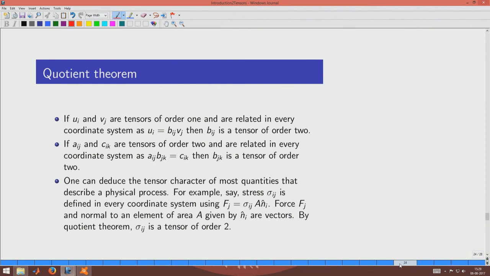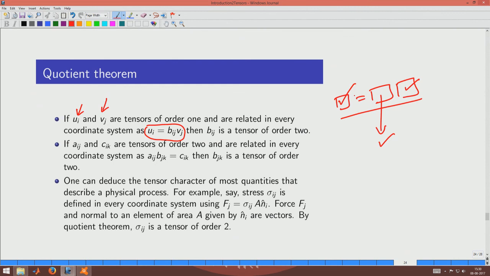What it says is as follows: if you knew that in every coordinate system u_i and v_j, which are two vectors, are always related in this form, u_i equals b_ij v_j, then b_ij must be a tensor of order 2. So, when you know that this is a tensor of order something, this is a tensor of order something, and the way they are multiplied holds in every coordinate system, then it implies that this must also be a tensor of the appropriate order.